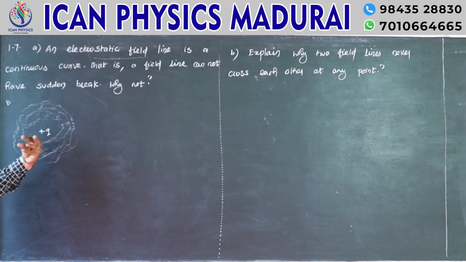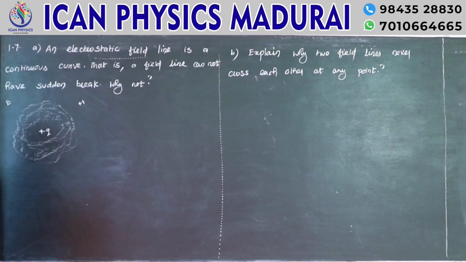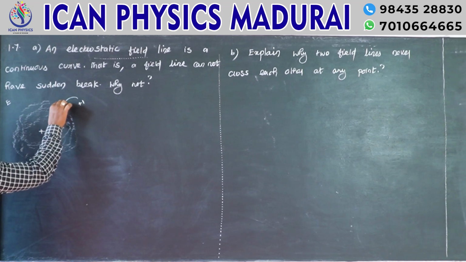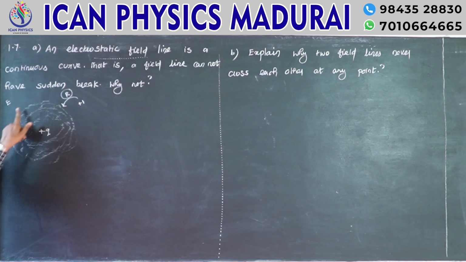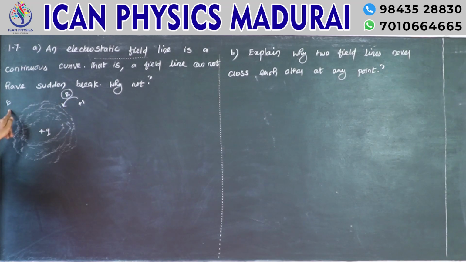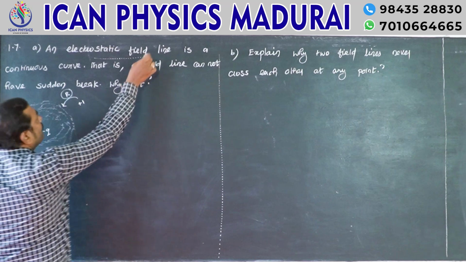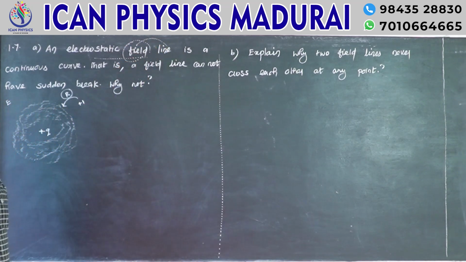That is, when you bring another unit positive charge, another test charge, then it experiences a repulsive force. So, the space around the charge where its repulsive force is felt is called the electric field. Now, we are going to another word, electric field line.